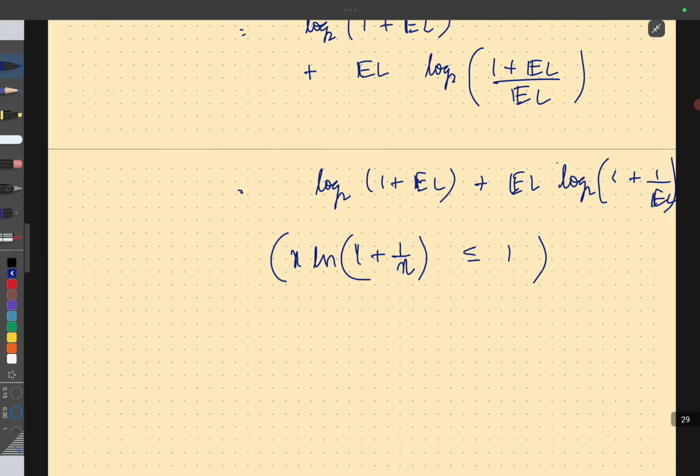Effectively, log of 1 plus expectation of L, plus log e to base 2.